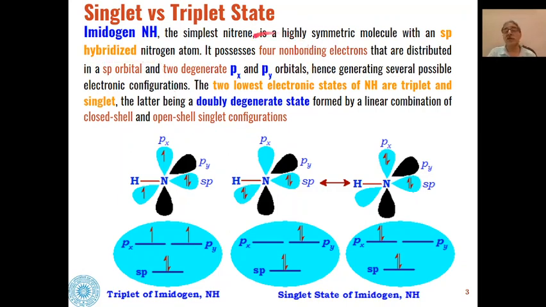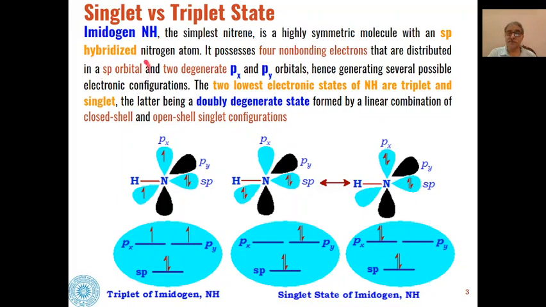So as we know, there are 4 non-bonding electrons present on the nitrogen atom, and these 4 non-bonded electrons are distributed in orbitals.